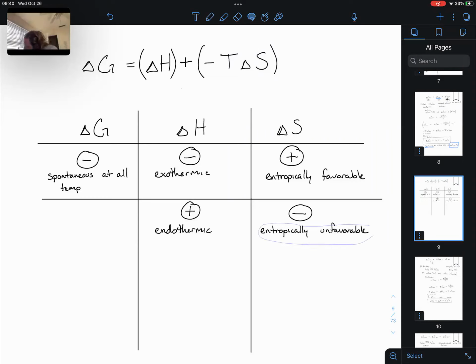And again, we want to ask ourselves, what's going to be the sign of delta G? So again, you're going to say A, it's positive, or B, it's negative. Again, think about how we just established it for the previous example, right? Think about the signs of these two terms and what they're going to mean for the overall sign of delta G.